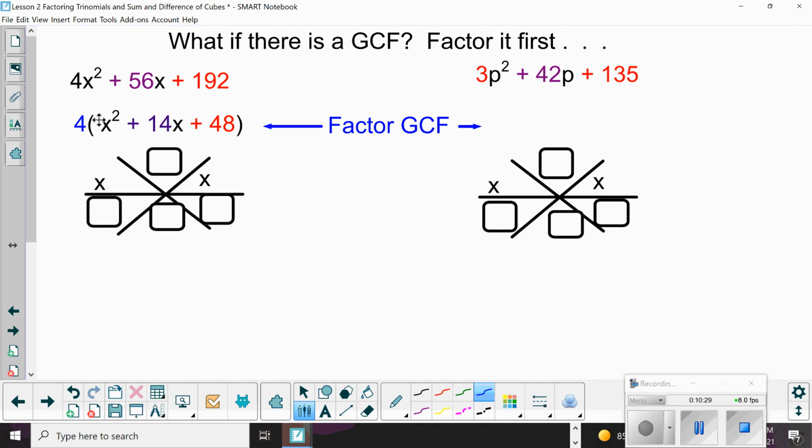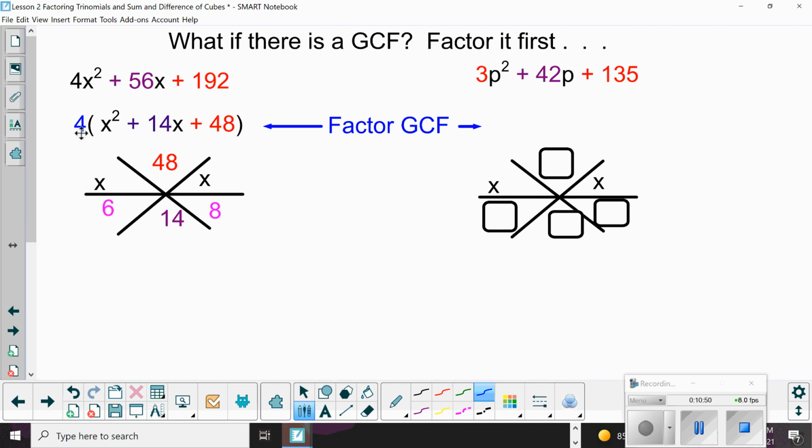And here's my factored trinomial. So now I've got x and x, 14's in the middle. 1 times 48, because remember a is now 1, is just 48. Two numbers that multiply to 48 and add to 14 are 6 and 8. But now, here's what you have to remember.